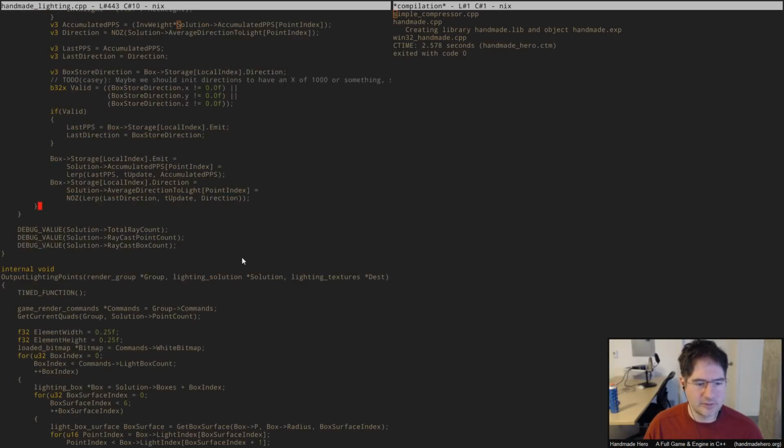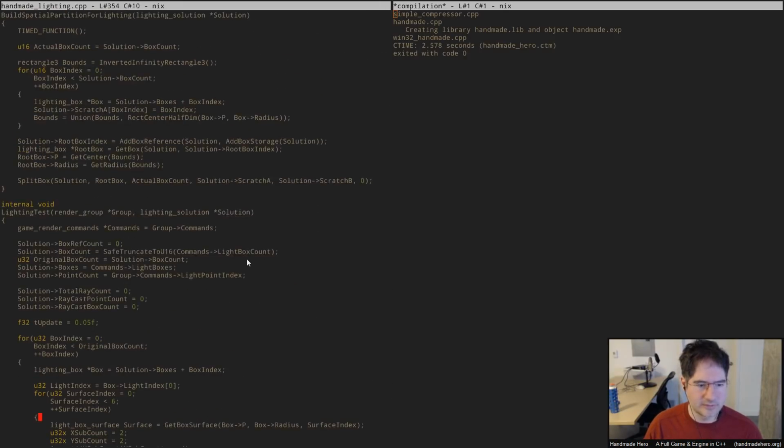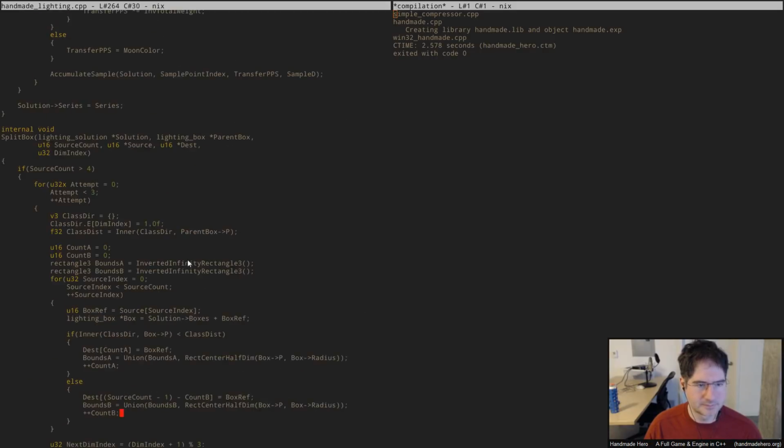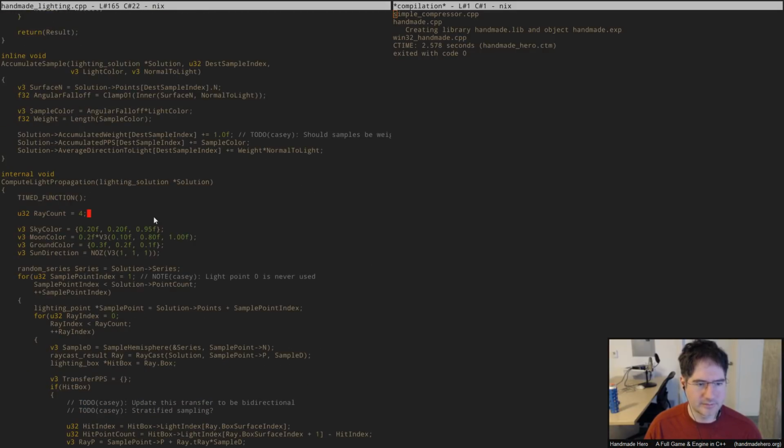And so the next thing I'm going to do is try casting a few more rays as well. So our ray count's pretty low right now.